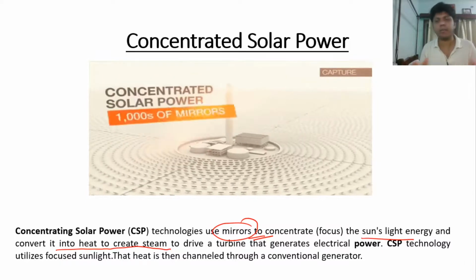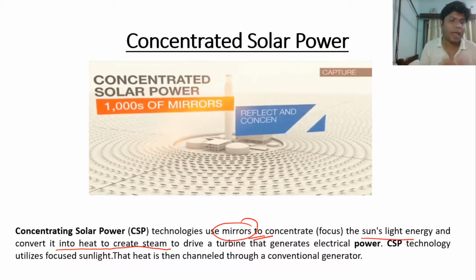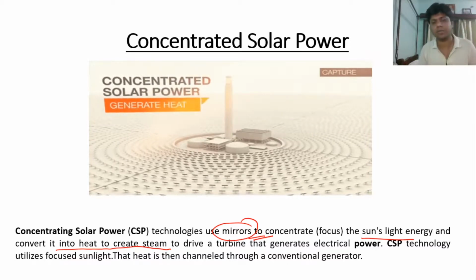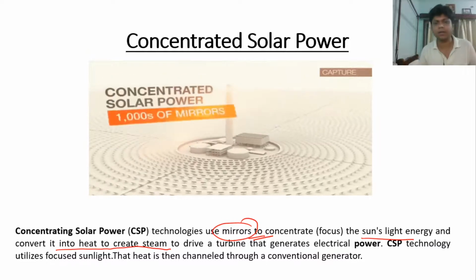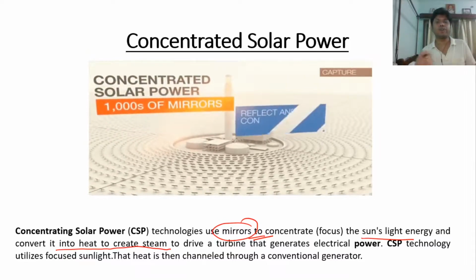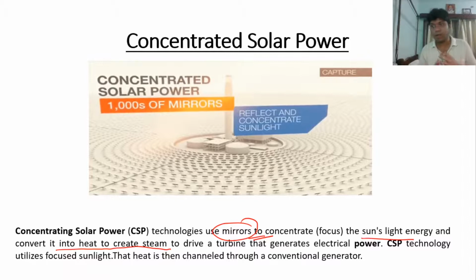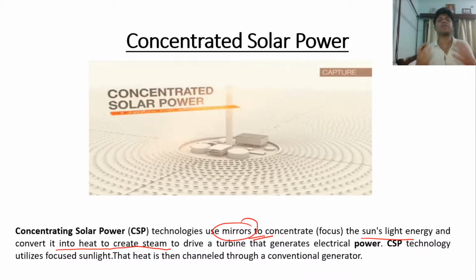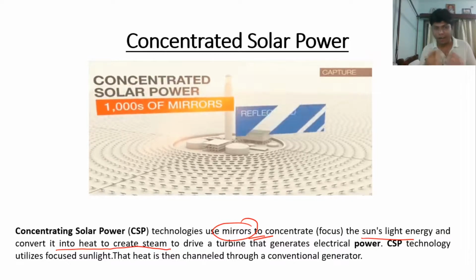So CSP technology utilizes focused sunlight, and that heat is then channeled to a conventional generator. And the generator, as we are very familiar, is used for the generation of electricity.